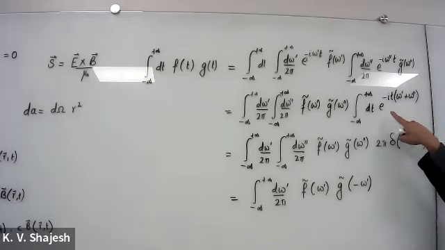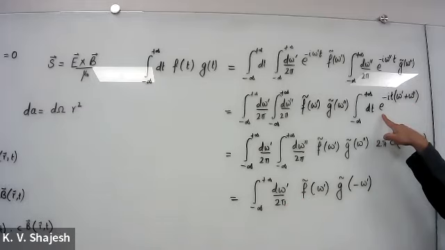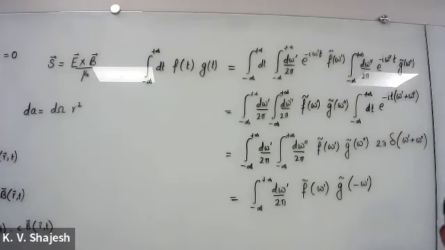But if it is not 0, exponentials are cosines and sines, so they're oscillatory, so they're 0. That argument is tricky because it's an infinite region, so you have to break it into wavelengths. But the simple argument is that this is oscillatory, so that's 0. One case it is 0, one case it's infinity, and the total is equal to 1, so it satisfies the conditions for a delta function. So that's a simple way of looking at it.